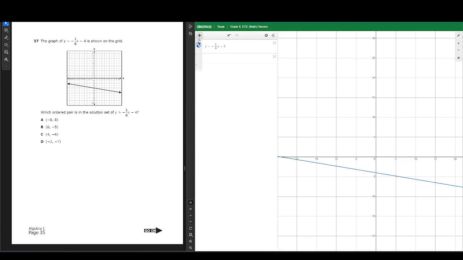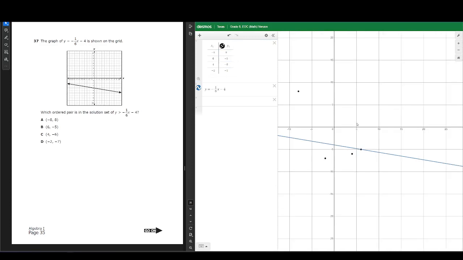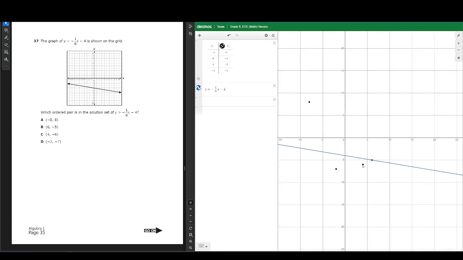And then plot these 4 points. I'm going to use a table just to do it faster. -8, 8, 6, -5, 4, -6, -2, -7. So if we just look at this picture, we have 2 dots below the line, 1 dot on the line, and 1 above the line.